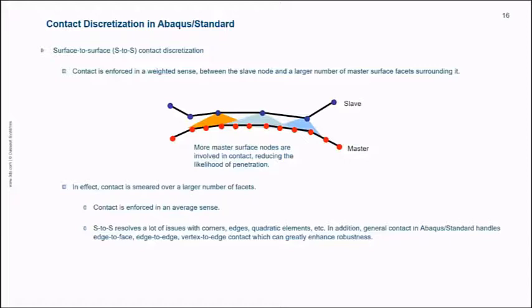And additionally, if you go to general contact in Abaqus Standard, which is probably what you would want to be doing today in Abaqus, you get access to the algorithms for edge to face, edge to edge, and vertex to edge, which can greatly enhance the robustness of the contact model.